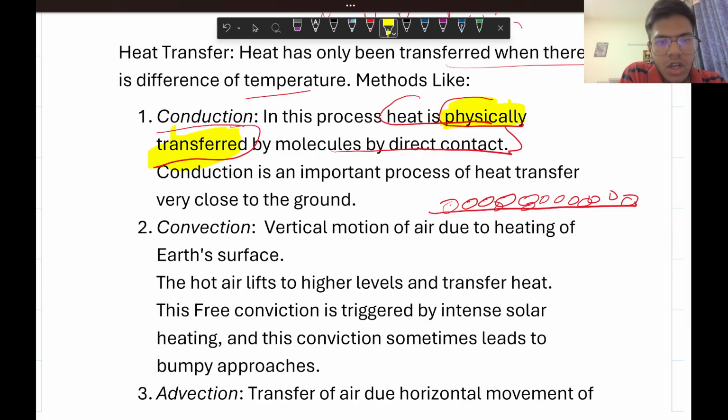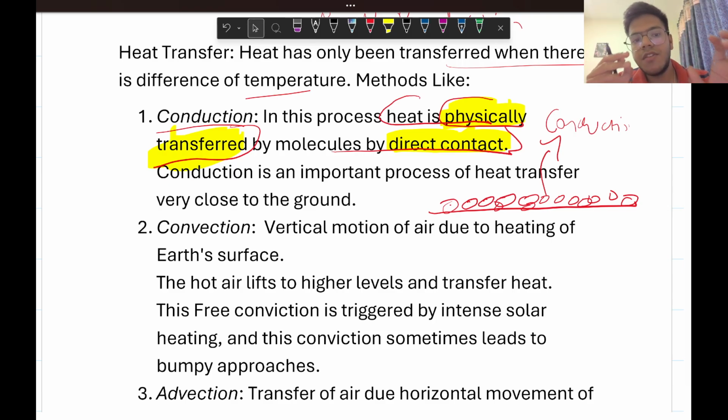Physically transferred, or direct contact with the ground. The amount of heat transferred by this method is known as conduction. In this process, heat is physically transferred by molecules which are in direct contact with the surface of Earth.